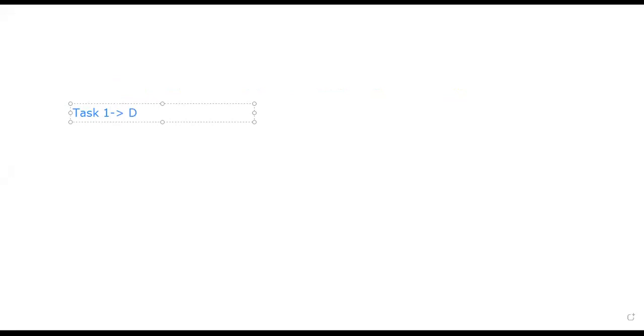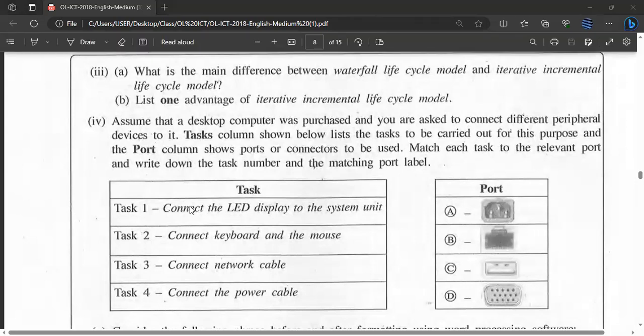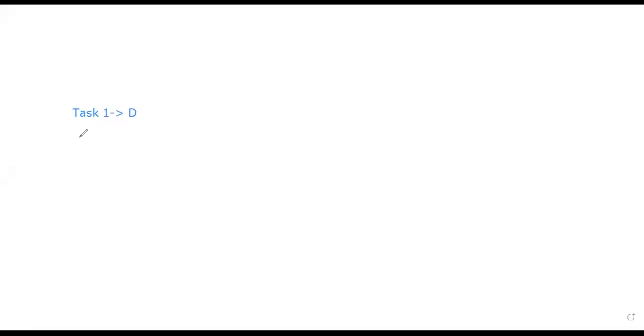D. Then next one, connect keyboard and the mouse. Task 2, the answer will be C, which is the USB port. So task 2, okay, the answer is C, right?